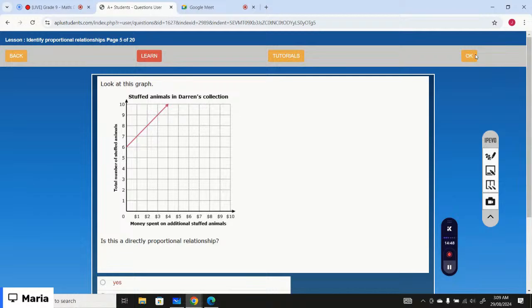Okay, look at this graph. Is this a directly proportional relationship? So, which is the correct option?